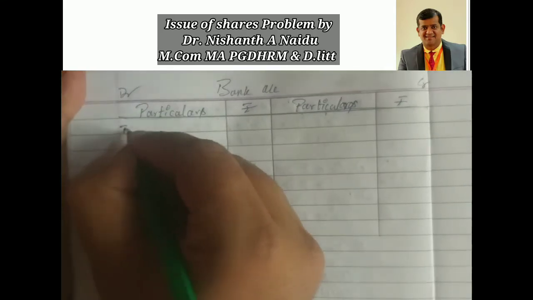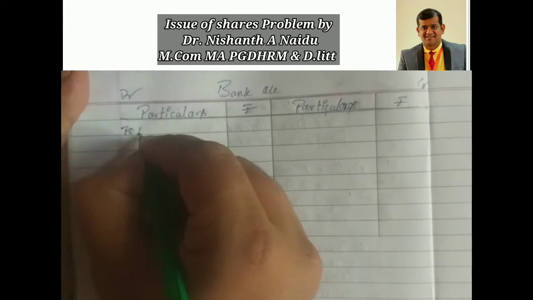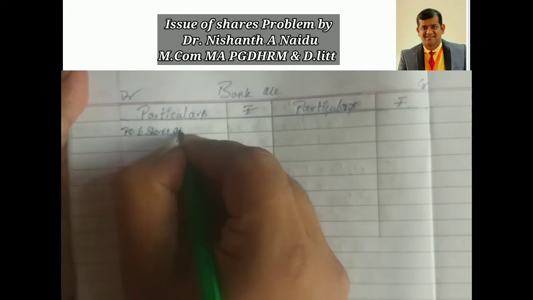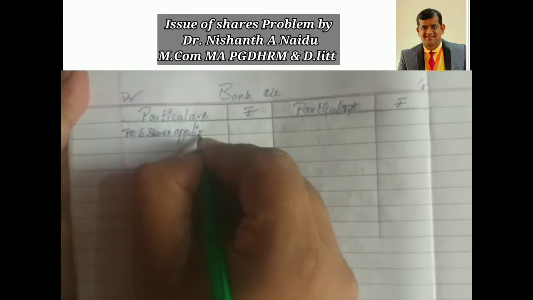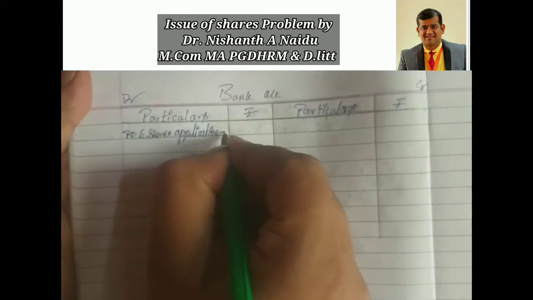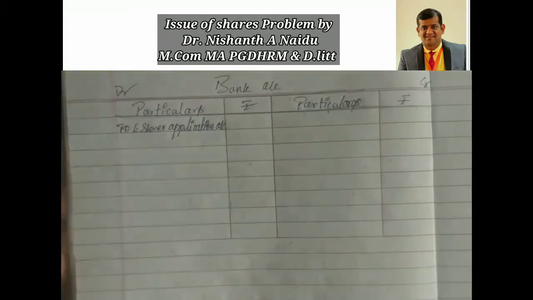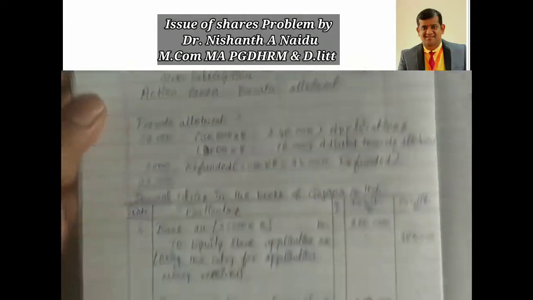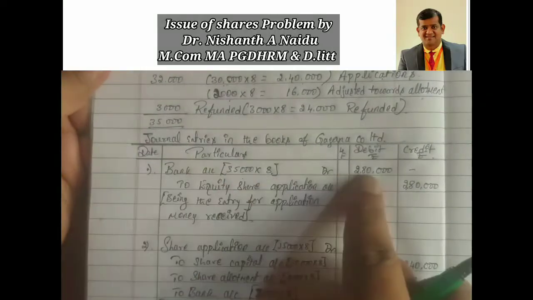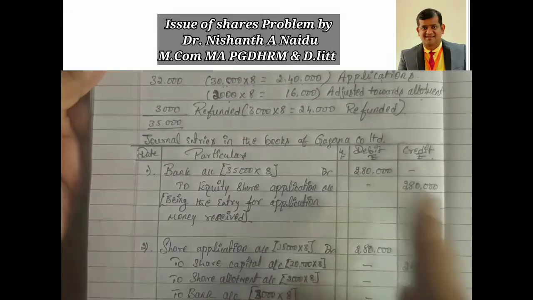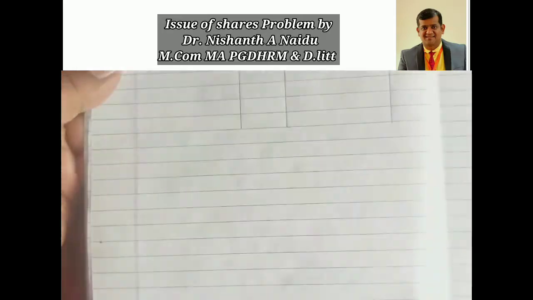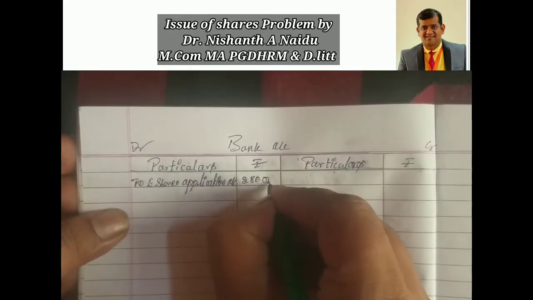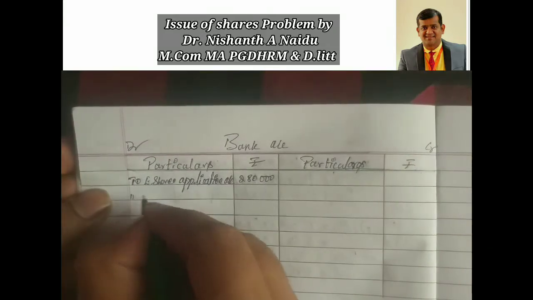First I'm going to write equity share application account. So how much have I received on application? First entry, bank account, how much? 2,80,000. So I'm copying the same, 2,80,000.